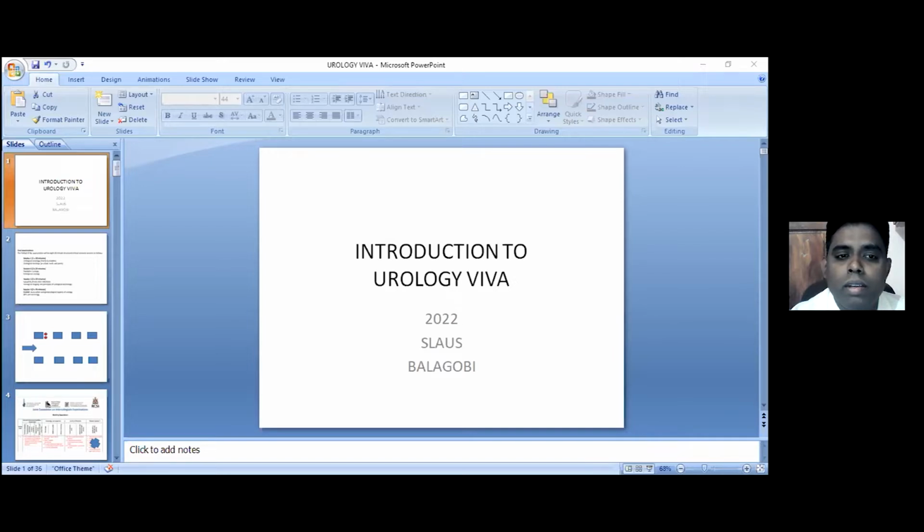Then the other table will be pediatric urology. Then another table will be emergency urology. Then calculi and UTI, imaging and principles of urology, and urotechnology.